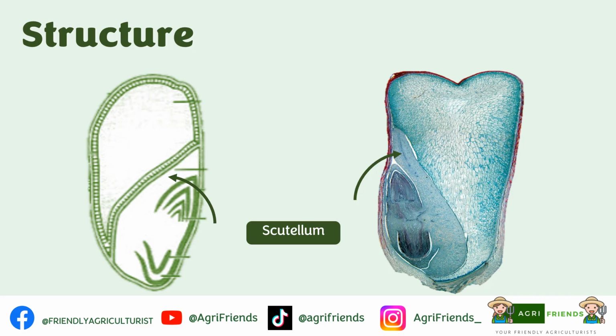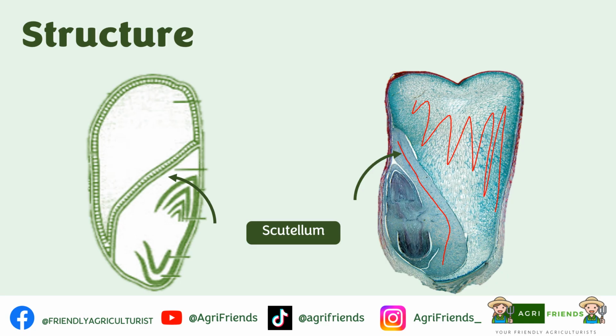The single cotyledon in a monocot seed is called a scutellum. So this is the scutellum, this is the endosperm, and as I have said earlier, there is a layer of cells that surrounds this endosperm. There is a vascular connection between the scutellum and the embryo.